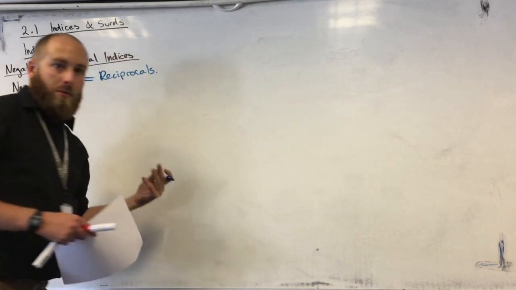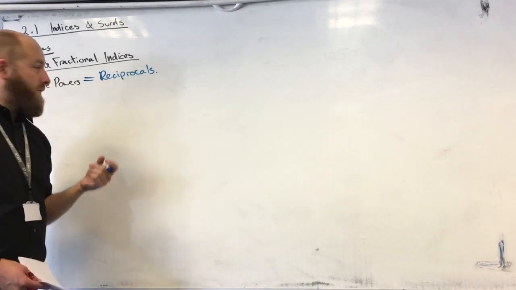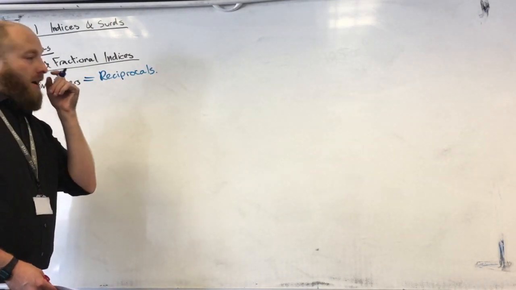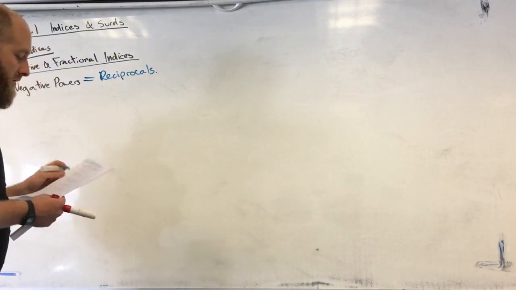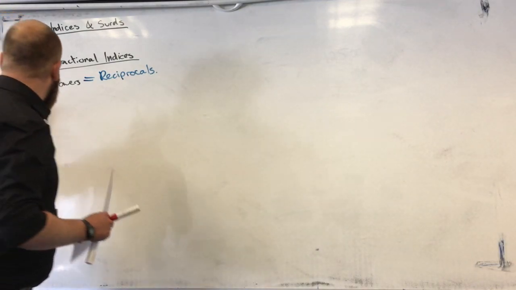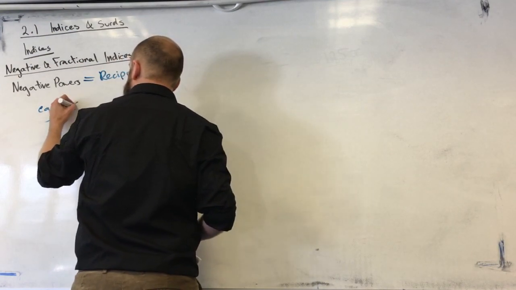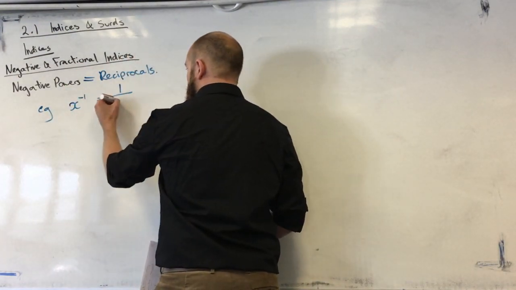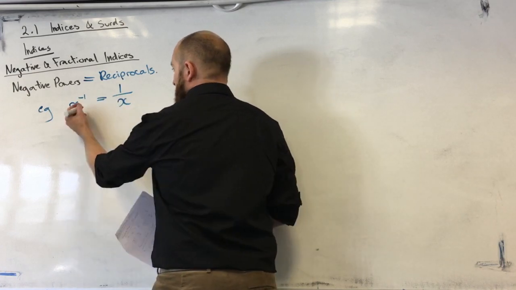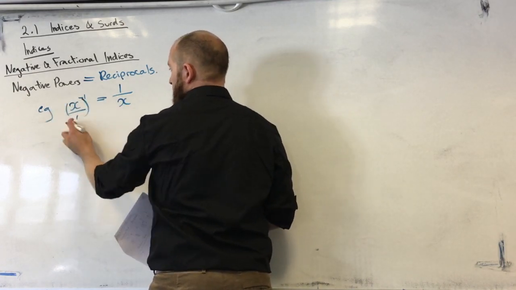And you should know the word reciprocal from when we did the negative reciprocal with perpendicular lines. So a reciprocal is just flipping a fraction. So if we have x to the power minus 1 like we had just now, we can say that's actually the same as 1 over x, because you can imagine x is over 1.